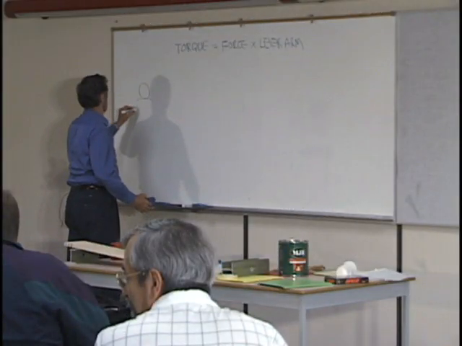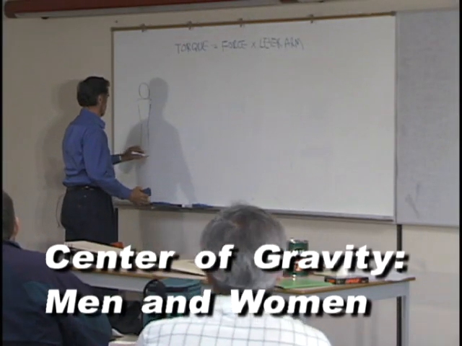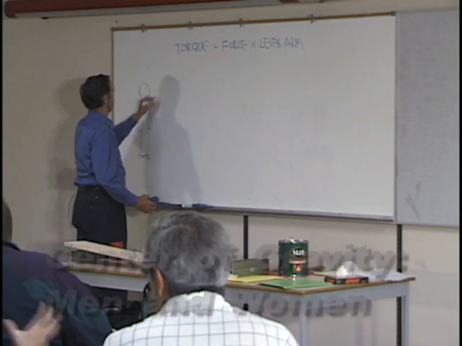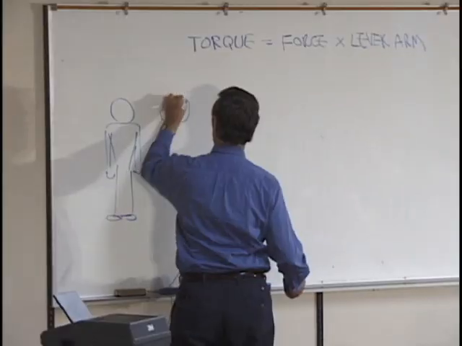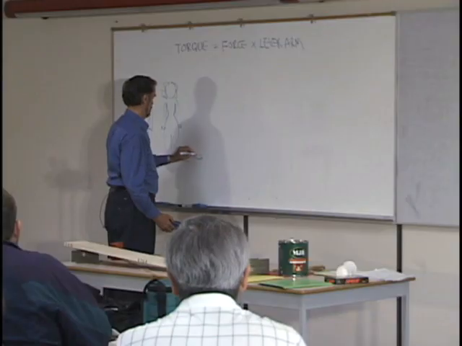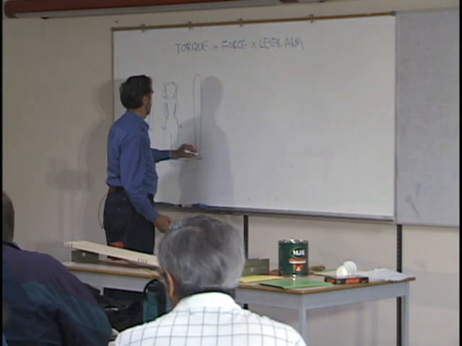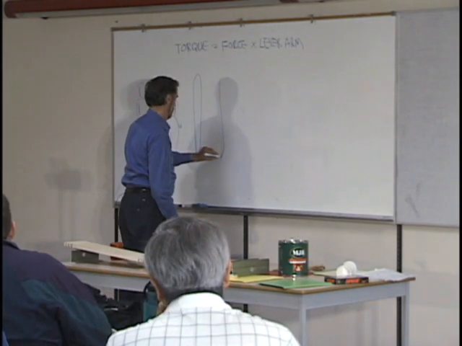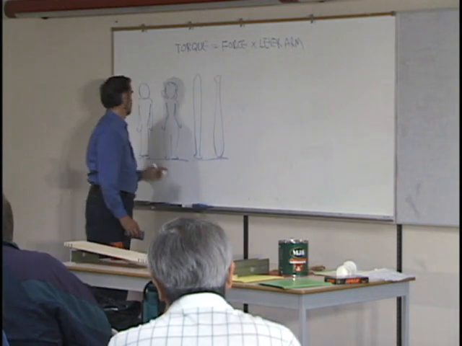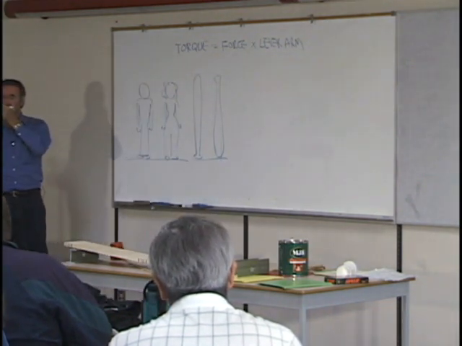Center of gravity in women and center of gravity in men. Baseball bats. How could you talk about the difference in the center of gravities of the two sexes in terms of a baseball bat? Okay, gang, wouldn't it be something like this?